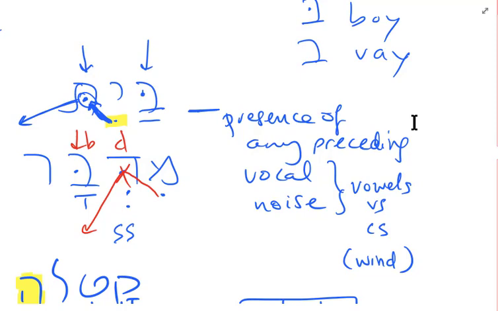Ah, ah, ah. Do you feel your vocal cords vibrating? So that's vocal noise, right? Vocalization is vocal cord vibration. Can you pronounce a vowel sound like an A without your vocal cords vibrating? No, unless you're whispering, right? But that's really silent, isn't it? You can't hear it.